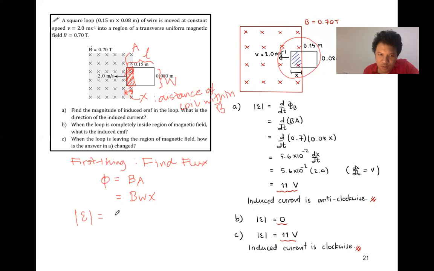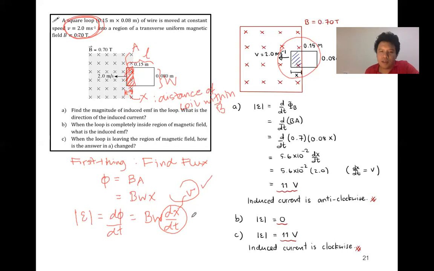If I want to find the voltage or electromotive force, I'm going to differentiate this equation. With constant B and constant W, what is left in the differentiation is dx by dt, in which dx by dt is V, the velocity that is given in the question.